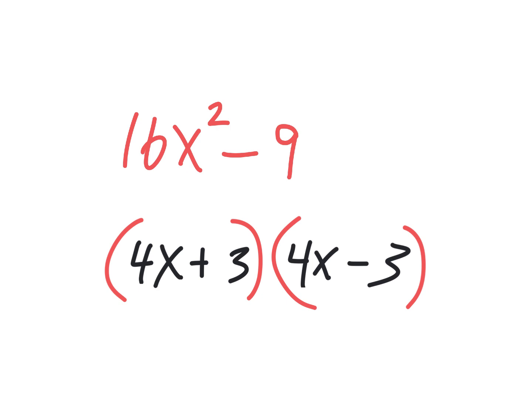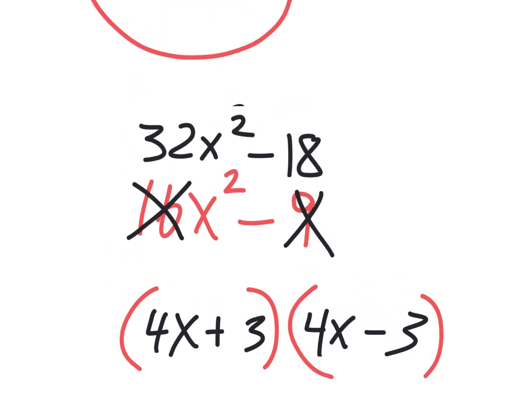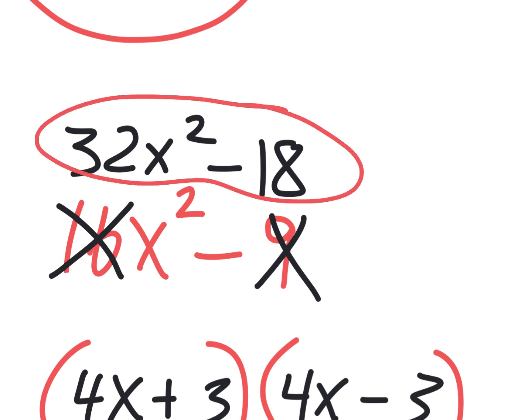Now just watch close. What if we were this evil on the test and this would have been a 32 and this would have been an 18? Would you have realized that I actually just doubled both of those, and so I could have factored out the 2 first? Do you see how there's a 2 in both of those?